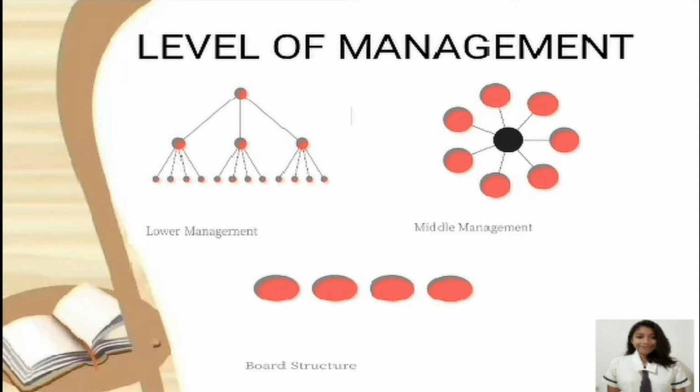So the last one, but the most important, is the lower management here. The lower level management consists of foremen, supervisors, or the ones who look after operative workers to ensure that they work properly and in time.